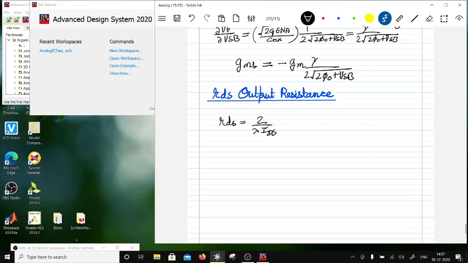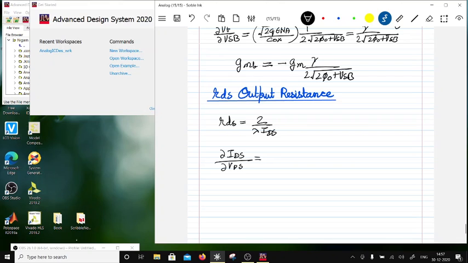You have to just do ∂IDS divided by ∂VDS. Now in this VDS you have to consider the channel length modulation, right?